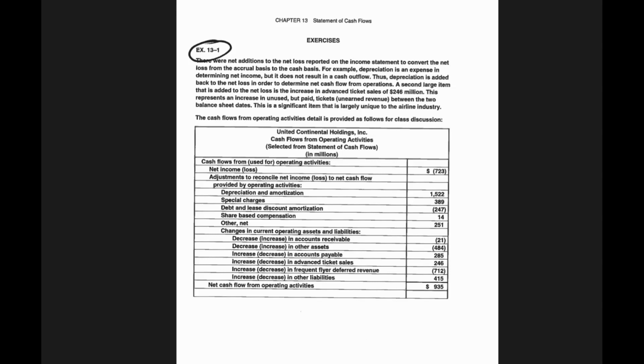You will also notice that the very first document that you print off as far as the chapter 13 exercises and solutions are concerned is this Word document called the Statement of Cash Flows. And this is what I would call my cheat sheet.